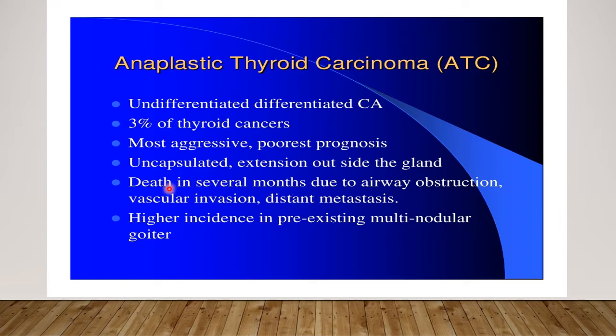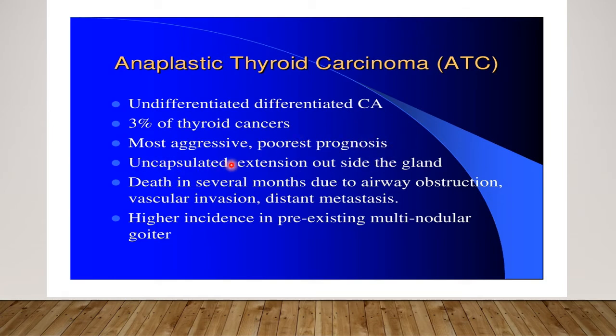The third type of cancer is the anaplastic thyroid carcinoma, ATC, or undifferentiated carcinoma. Okay, it constitutes about 3% of thyroid cancers, in fact less than 3%. Most aggressive of all the thyroid cancers with the poorest prognosis.